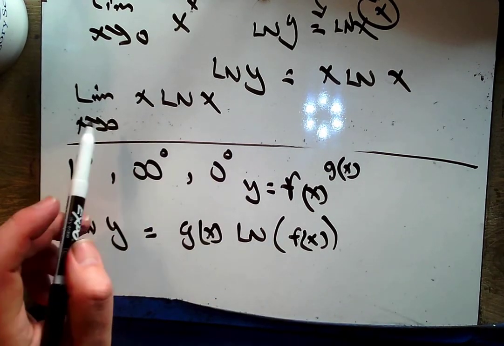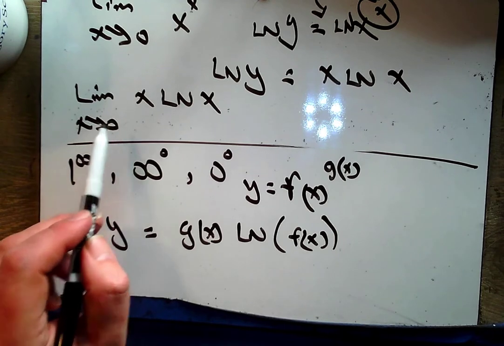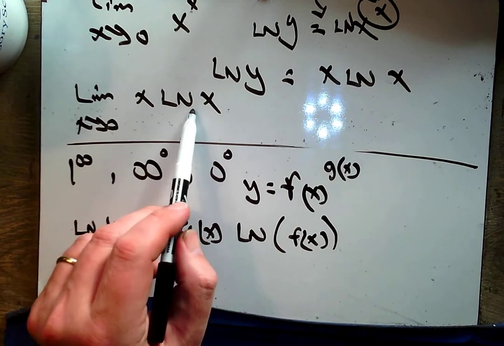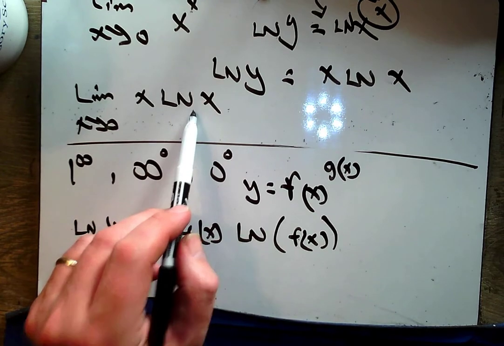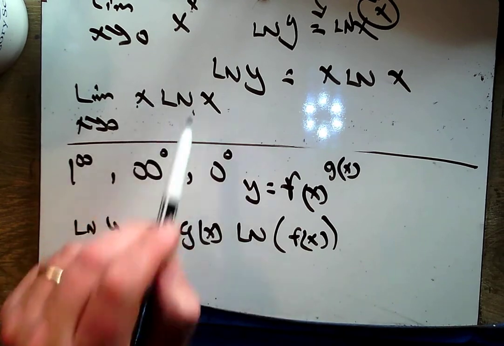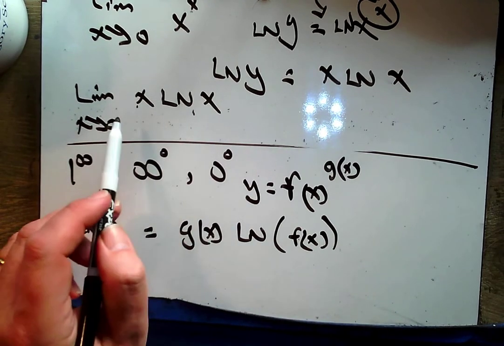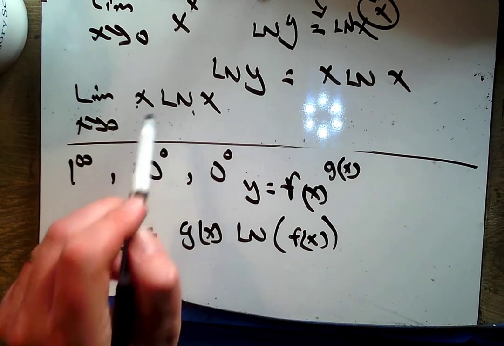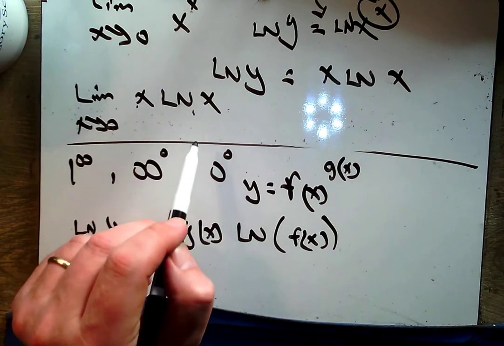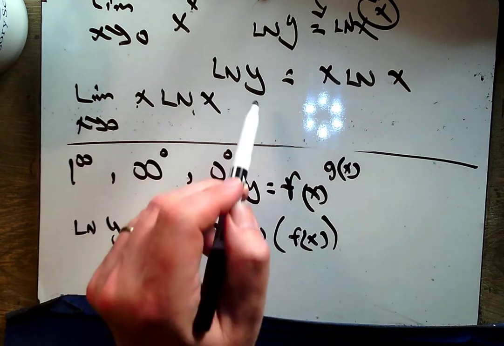So what's the limit as x heads to 0 of x ln of x? Well, funny you should mention it, because as we approach 0 from the positive side, this thing is headed to negative infinity. And if we plug the 0 in there, oh, that's a 0 times infinity. Wait a minute. So this now is that case that we looked at first. This is 0 times infinity. And what did we do in that situation?